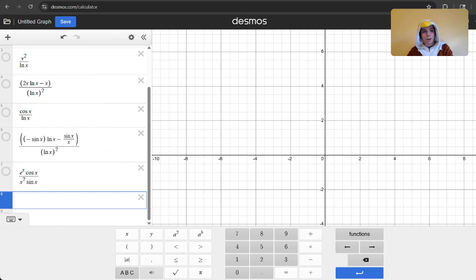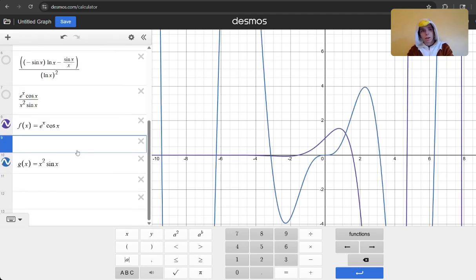Now, finally, this last one is the hardest. e to the x cosine x over x squared sine x. So in this, we're going to need to use the product rule and the quotient rule. So if we're using f of x for the top and g of x for the bottom, these are the functions we have for f of x and g of x.